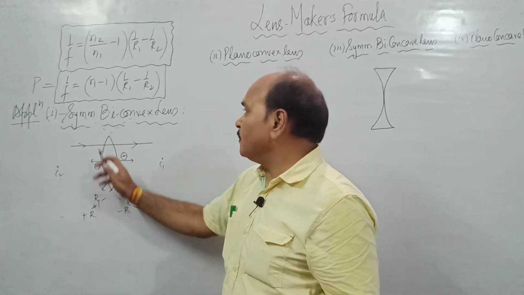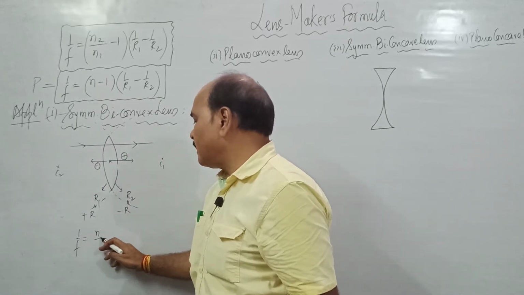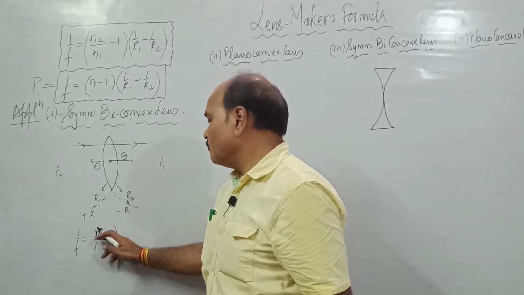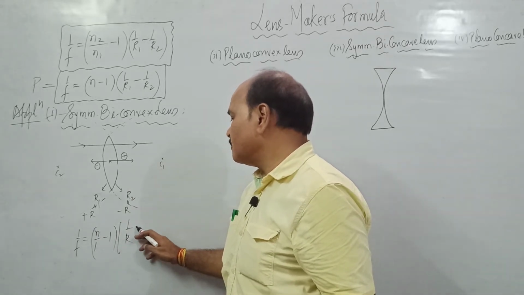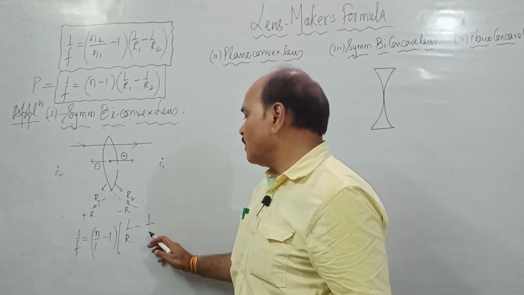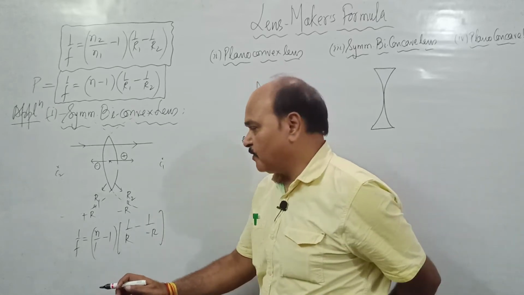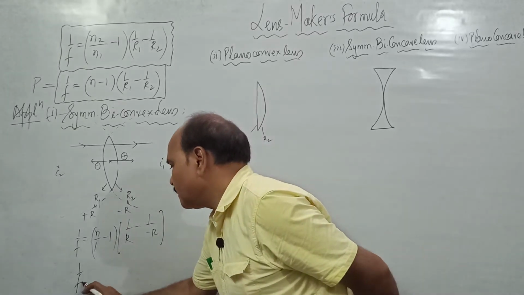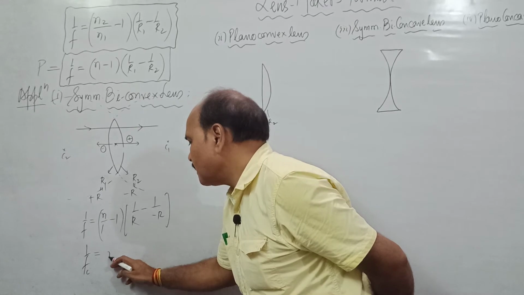Well, if we substitute this value here, what do we get? We get 1 upon f is equal to n minus 1 into 1 upon r1. What is 1 upon r1? 1 upon r1 is r minus 1 upon r2. What is r2? R2 is minus r. You can see this minus cancels out. What do we get? We get the focal length as n minus 1.